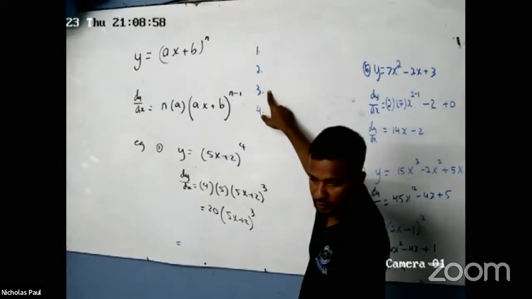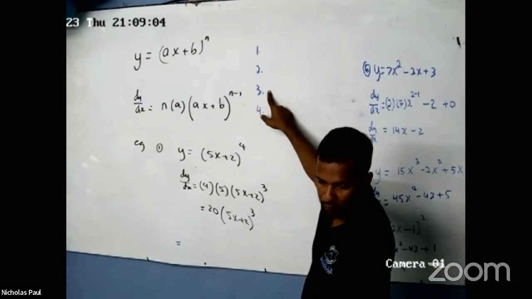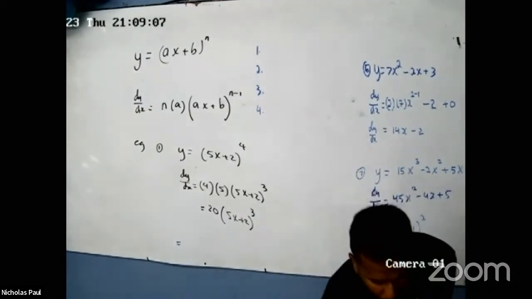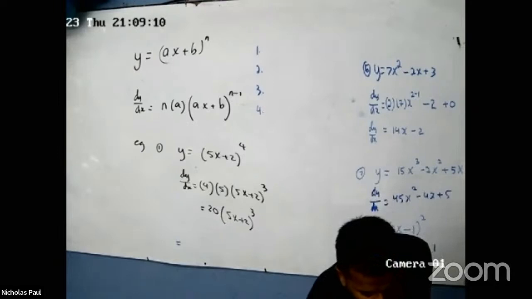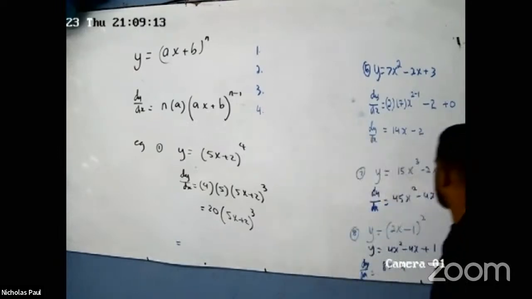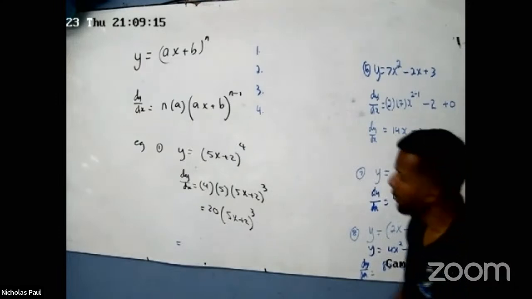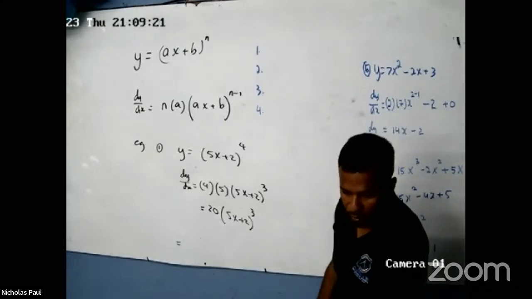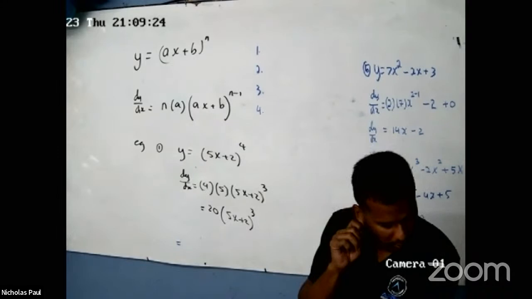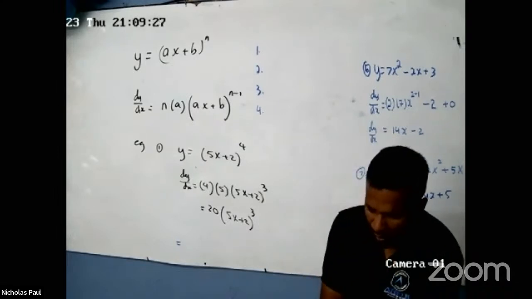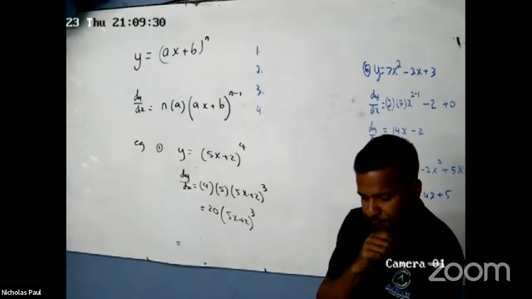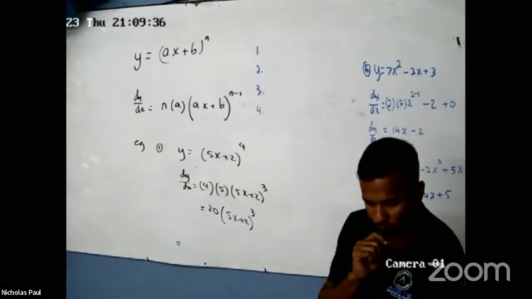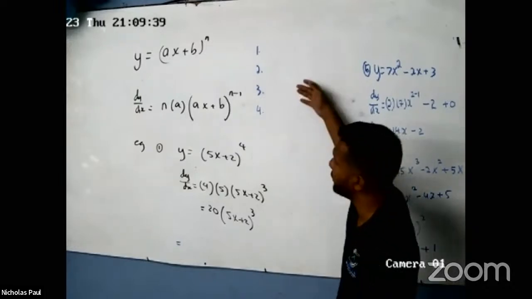Number 3, write back the bracket. And number 4, minus 1 from the power. Okay, so those are the 4 steps in the shortcut method.